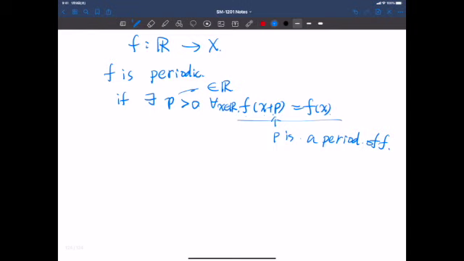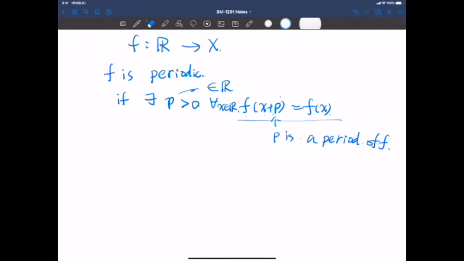Okay, and there can be multiple periods. For example, in the case of cosine, 2 pi is a period, and 4 pi is also a period. So there can be many periods actually. So among all periods, the smallest period is called the fundamental period.